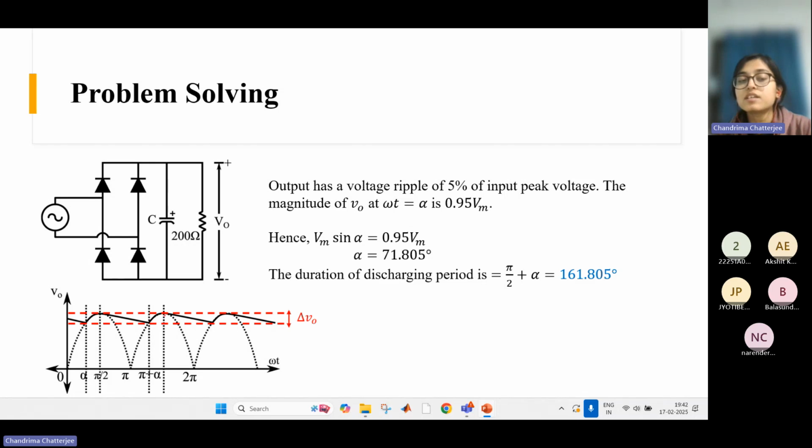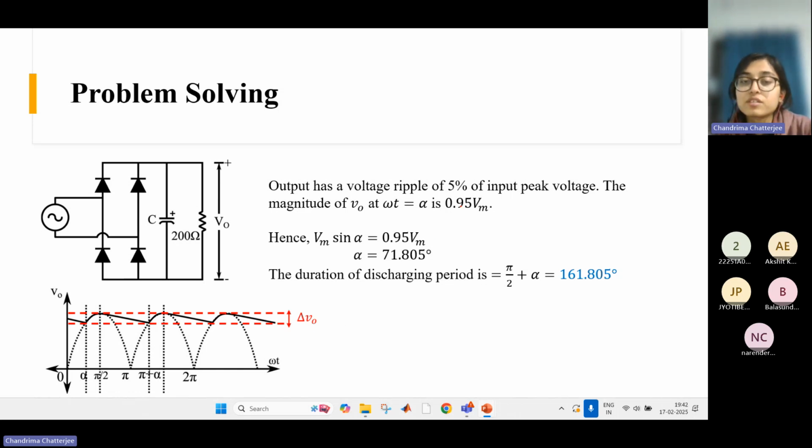It is increasing, then decreasing, again increasing, again decreasing. But obviously it is much lower than the voltage we would get if there was no filter. Still there is some small pulsation, and if we quantify this, that is called a voltage ripple. This is nothing but the difference of maximum output voltage and minimum output voltage.